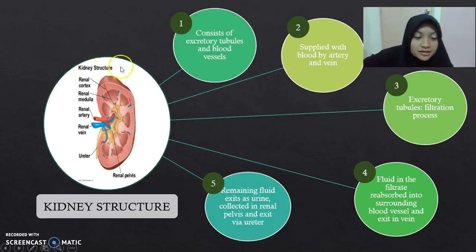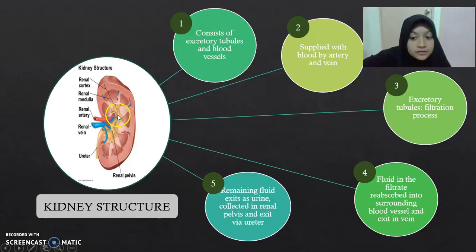Our kidney consists of excretory tubules and many blood vessels. And the kidney is supplied with blood by the artery and the vein. Since it consists of many excretory tubules, it is involved in the filtration process.